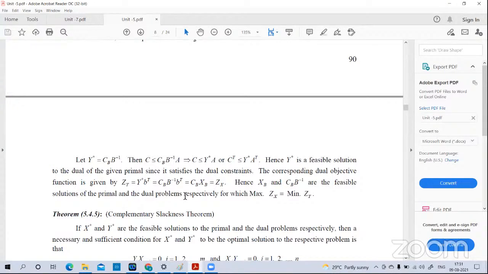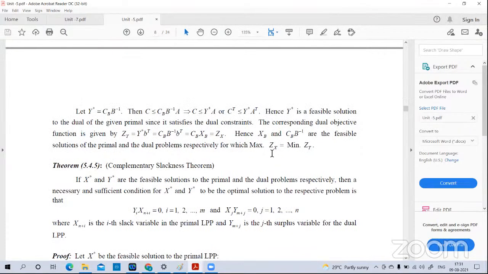The corresponding dual objective function is given by Z Y equal to Y star b transpose equal to CB into B inverse, b transpose equal to CB into X equal to ZX. The primal and the dual values are both the same. Here maximization Z we calculate in the primal and minimization Z we calculate in the dual.